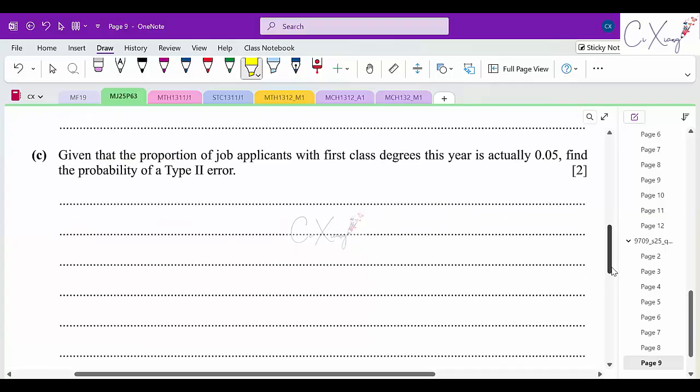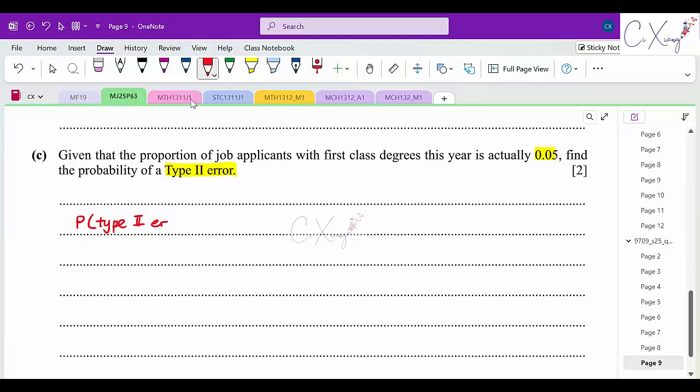Now, given that the proportion of job applicants with first class degree this year is actually 0.05, find the probability of type 2 error. Okay, how to calculate the type 2 error here? Again, let us write out the definition first. Type 2 error is you accept the null hypothesis when the null hypothesis is false.